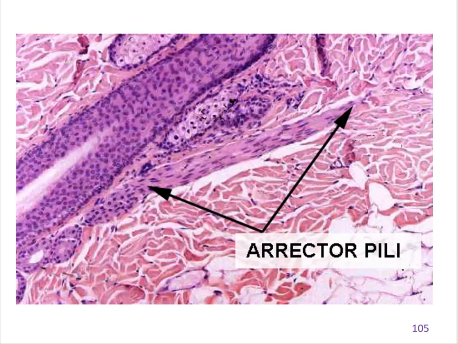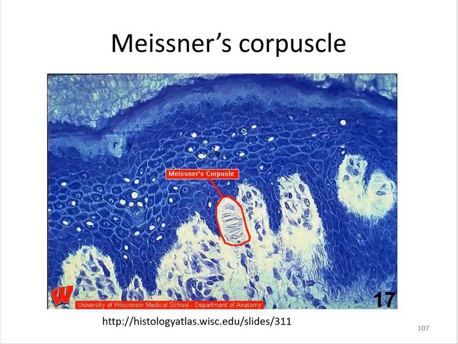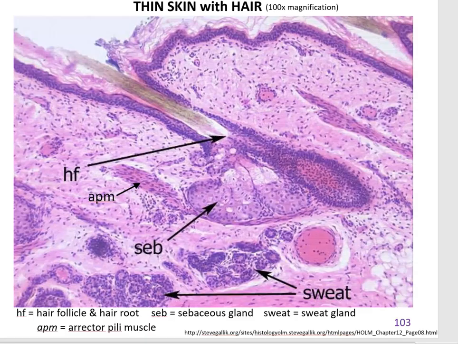Other things are the sensory organs, the Meissner's corpuscles. Well, I got ahead of myself. One of the things hair has on it that you will never see under histology is touch receptors.